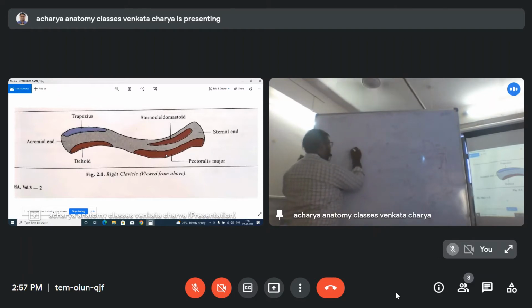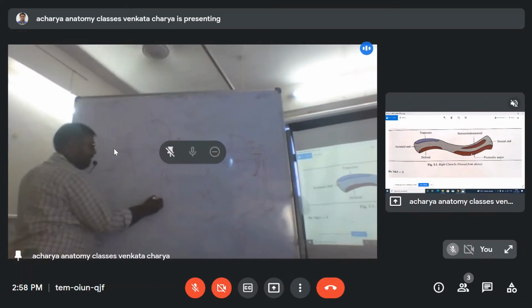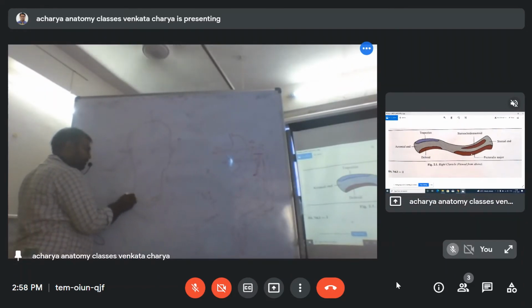Mastoid process. The sternum, the clavicle, right?